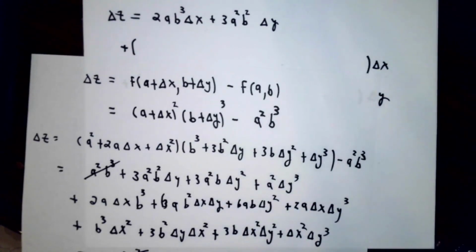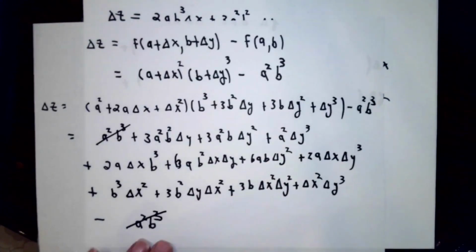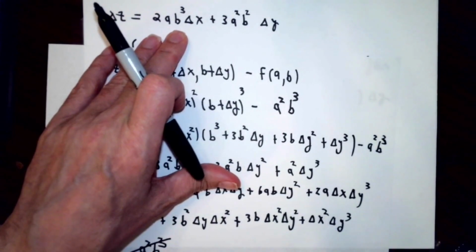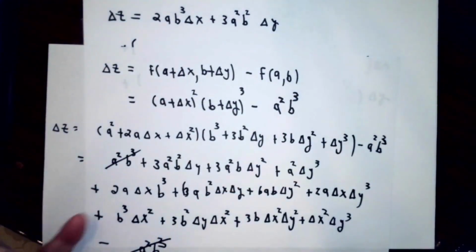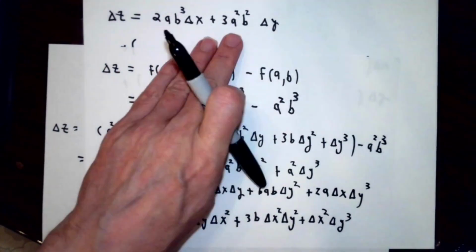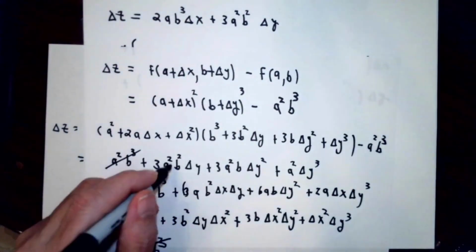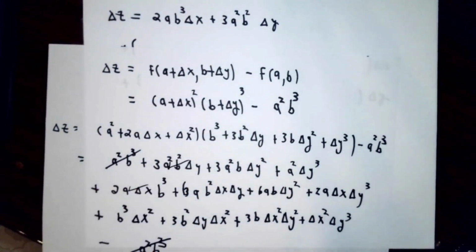So we've already canceled out the a squared times b cubed. We've already written down here 2 times a b cubed delta x. So this term has been accounted for. I've written down 3a squared b squared delta y, so that term has been accounted for.